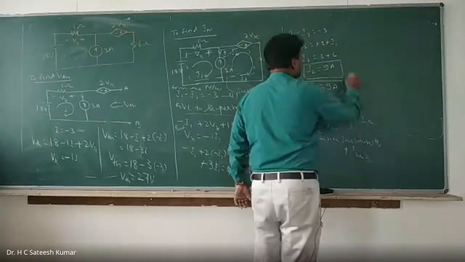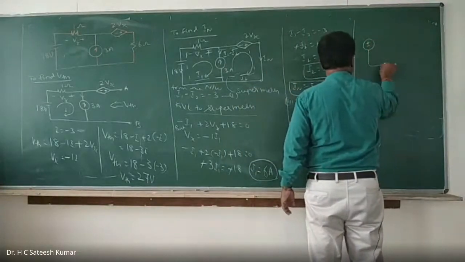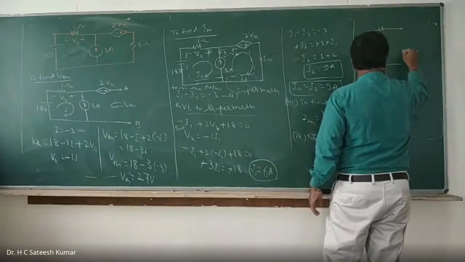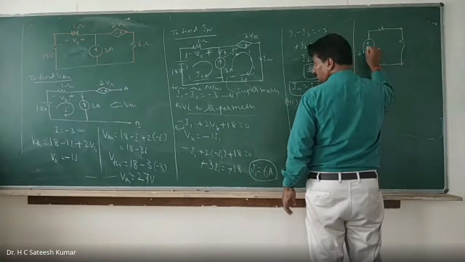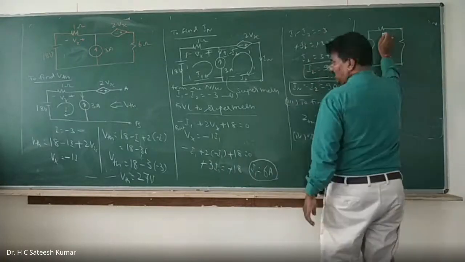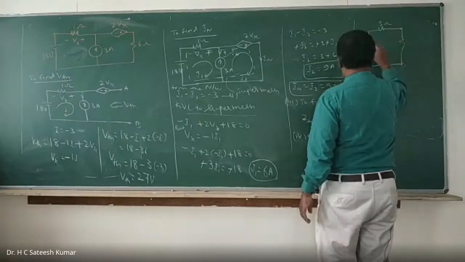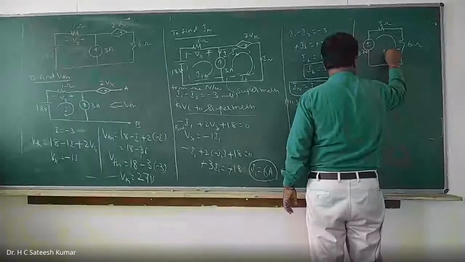How will you write that? Thevenin's plus minus, you connect the load. This is 27 volts VTH, the ZTH is 3 ohms, and the load resistance is 6 ohms. Now you find this IL.